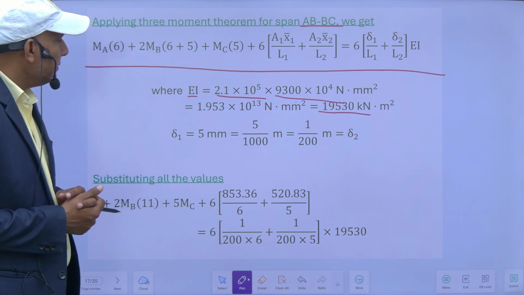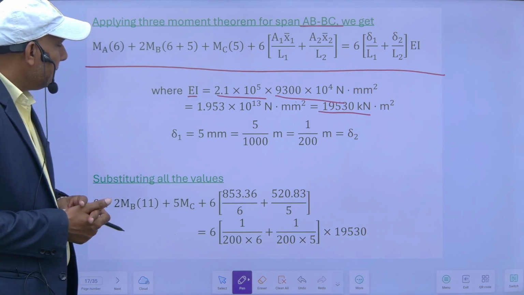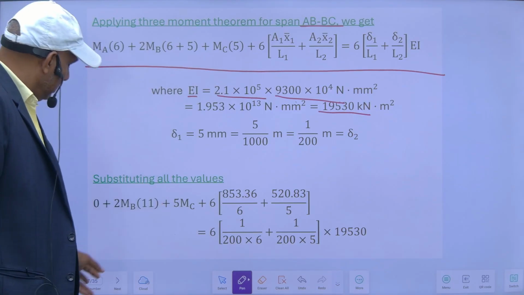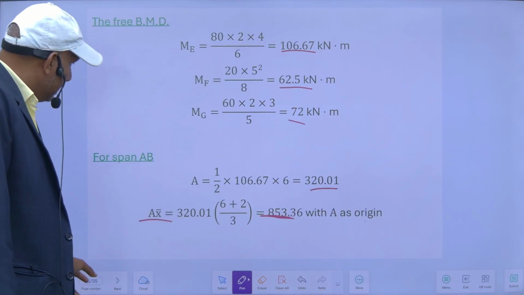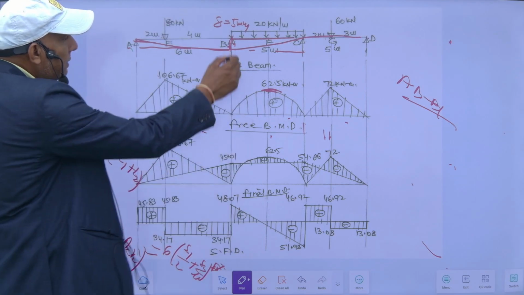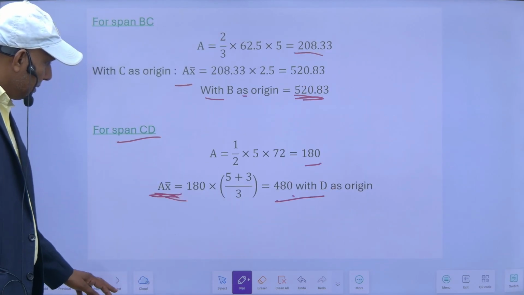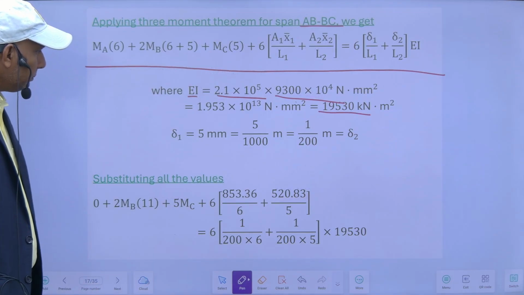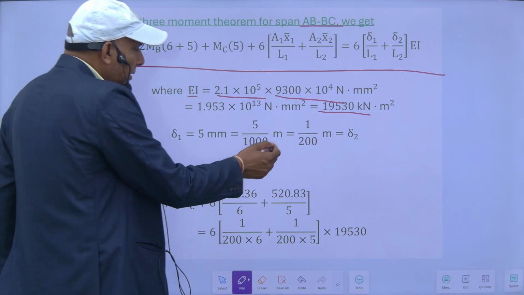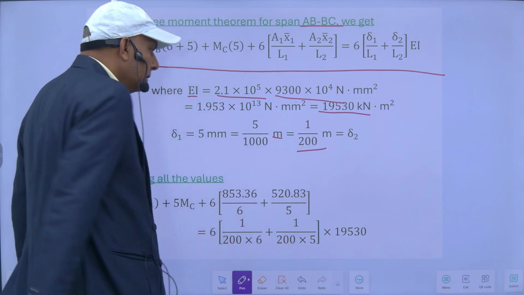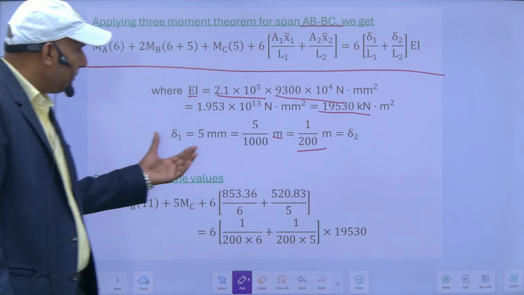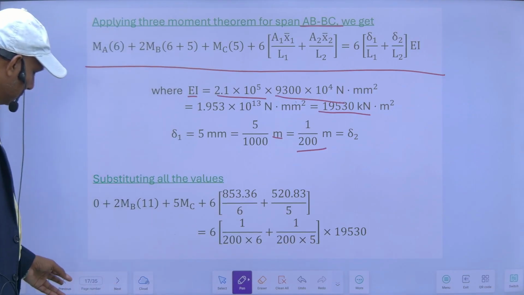This is EI. Delta is 5 mm. This delta is the settlement of this point B, which is 5 mm. So this delta is equal to 5 mm, which is 5 upon 1000 meter, 1 upon 200 meters, and delta 1 is equal to delta 2.